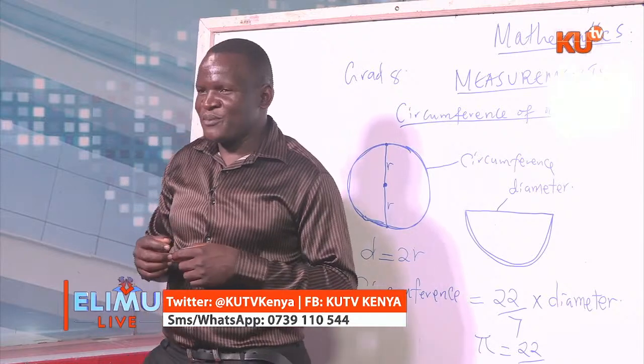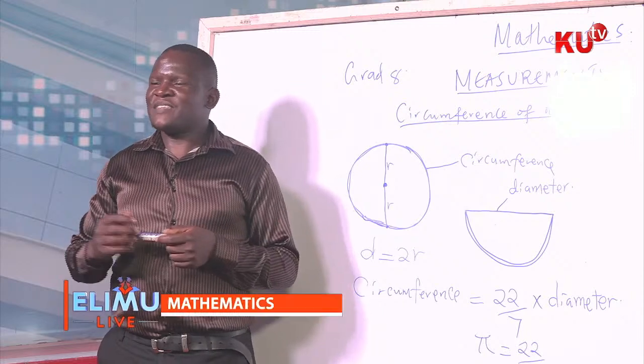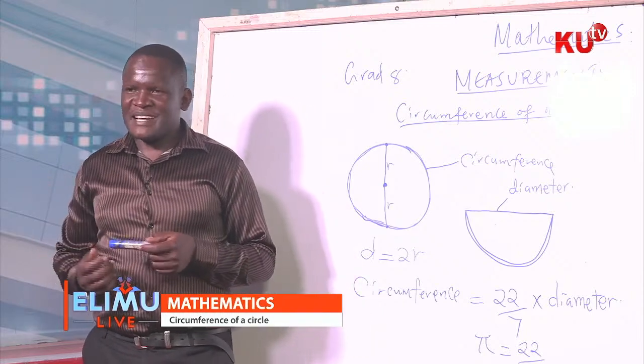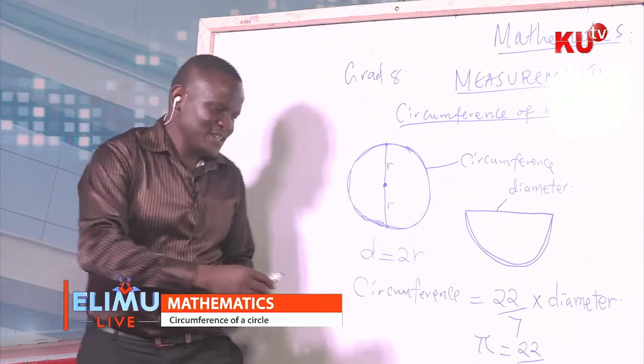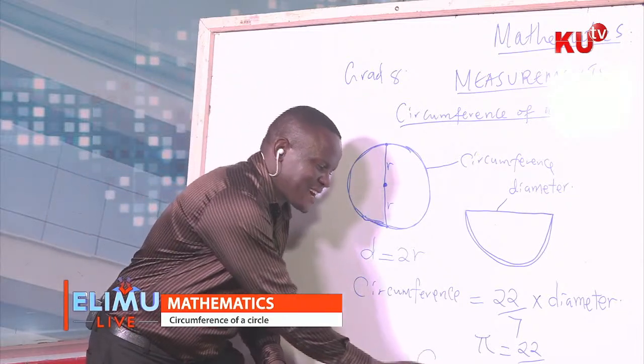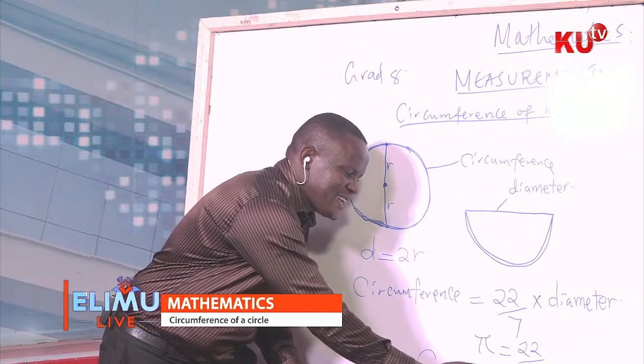It is the ratio of the circumference of the circle to the diameter. And this now will propel us to this formula that circumference will be equal to pi d.